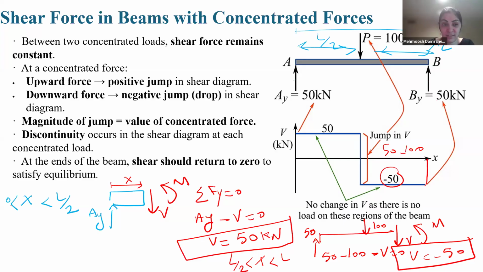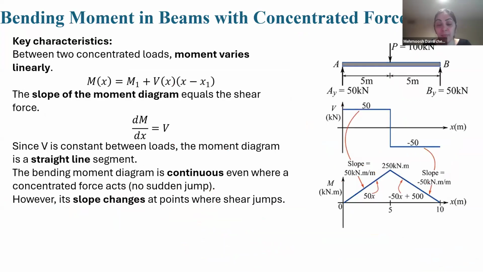It's very interesting. So when we have concentrated loads, only forces, what happens to the bending moments? Easy peasy again. Do you remember that we have dM = V dx? So if you write the integral, M(x), meaning any x in that interval, minus the starting value of that region.